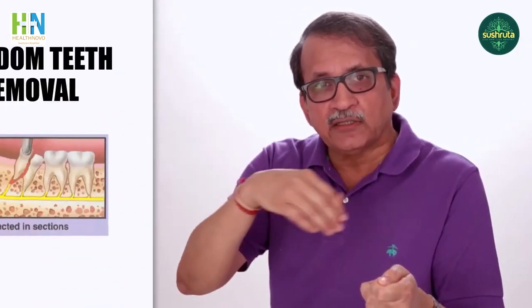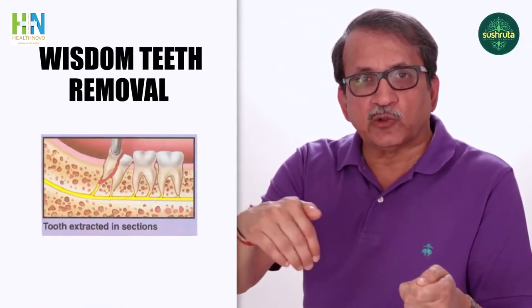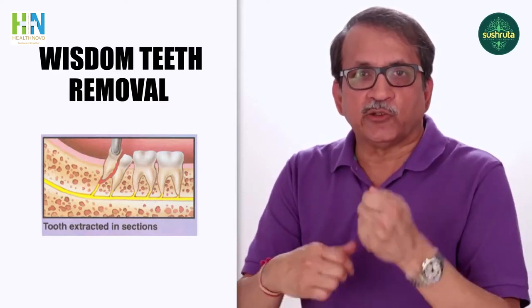For any position, a good dental surgeon, or specialists called oral and maxillofacial surgeons, can remove that tooth. Even for upper and lower, it is the same procedure: incision, reflecting, removing the bone. Sometimes we actually cut the tooth into two parts because it's easier to remove.